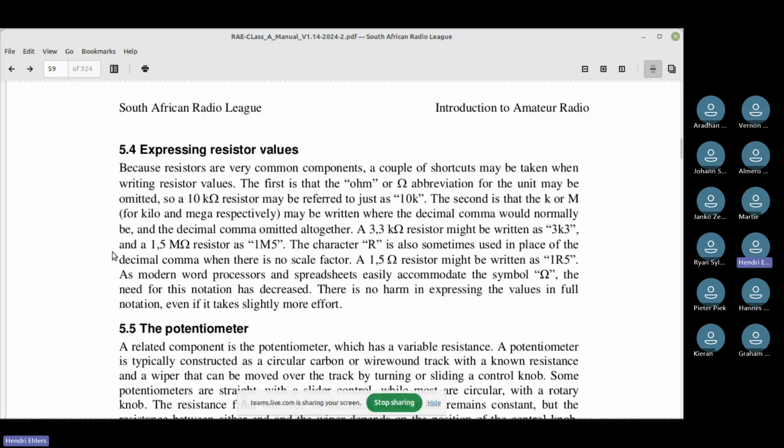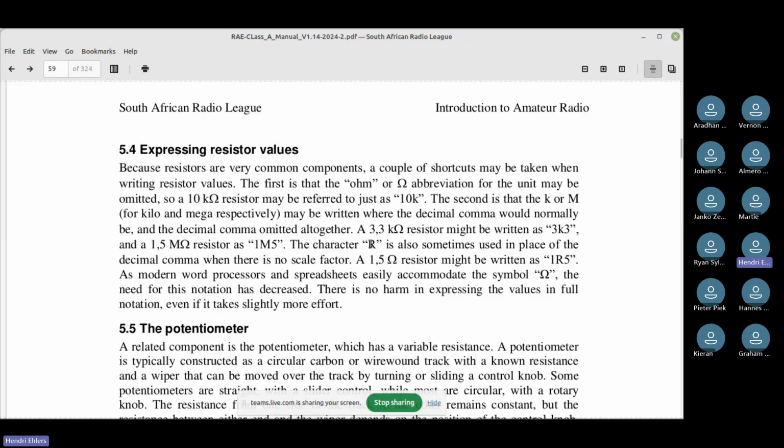Okay. Now, when you write 1.5 mega ohms on a resistor, it's very easy for the decimal point to get lost and you get 15 meg. And that's a big difference. It might just let the magic smoke out. So a person can't get it wrong. For that reason, they put the M in the place of the decimal point, 1 meg 5.